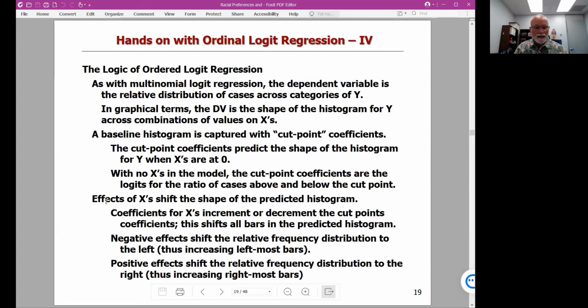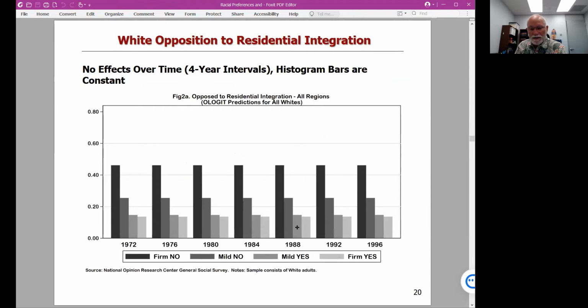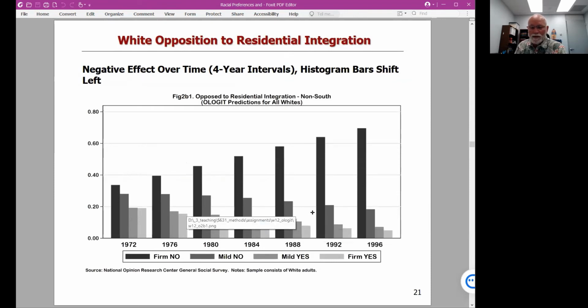Okay, so come back to this point. If you think about what the objective is, you're predicting the histogram, the relative frequency distribution of how people are distributed across categories. So it's not a single value, it's a set of 4 values, the 4 percentages that define how people are distributed across the 4 categories of this ordered variable on opposition to integration. The reason I stress the graphic here is that this is the best way to show people how a variable is having effects.